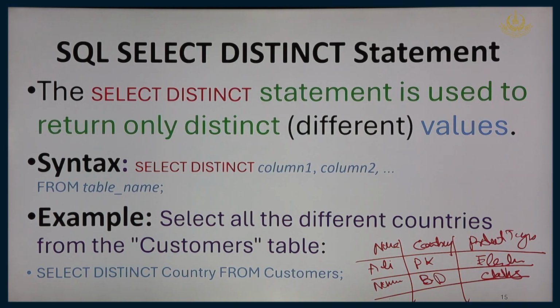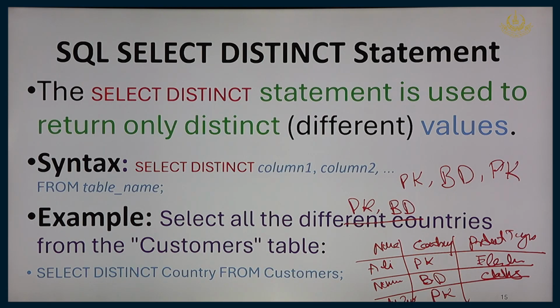So when we use the command select country from customers table, normally it returns Pakistan, Bangladesh and Pakistan. But when we use select distinct country from customers, then it returns Pakistan and Bangladesh only. So in such cases, the duplicate values will be left out.